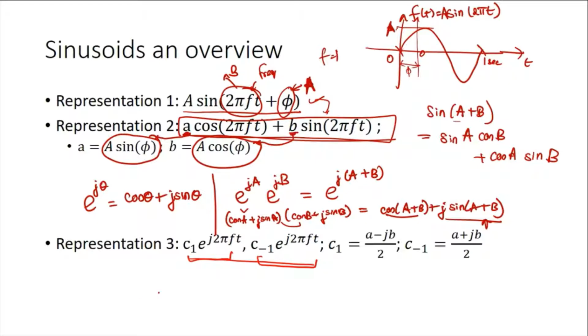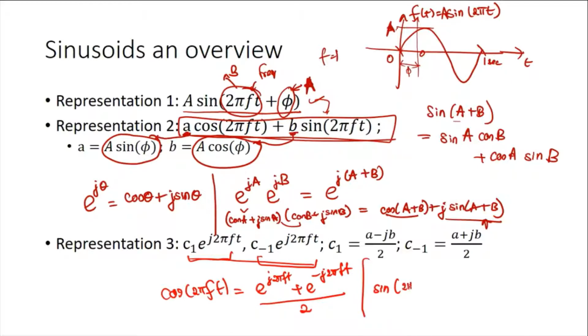So this uses the fact that cos of 2 pi ft equals e power j 2 pi ft plus e power minus j 2 pi ft by 2, and sine of 2 pi times f times t equals e power j 2 pi ft minus e power minus j 2 pi ft divided by 2j.